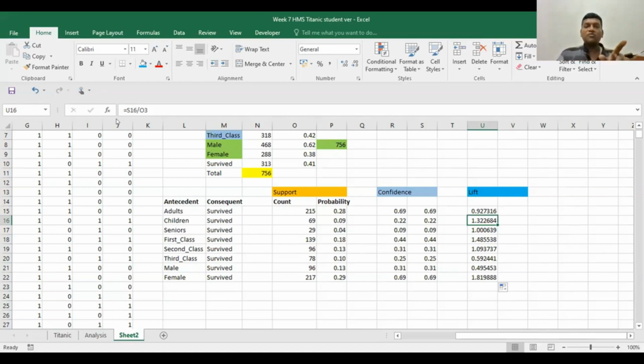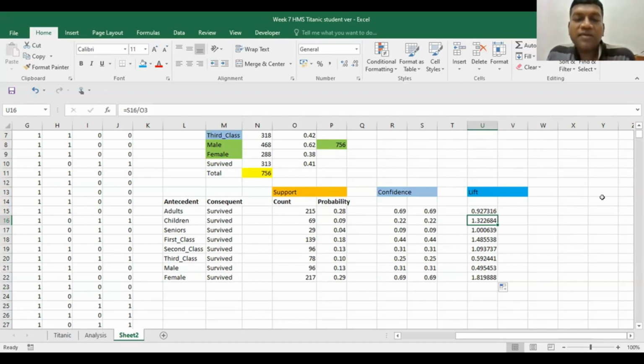Right now what we did is we took only one characteristic, that is just whether the person belonged to a particular age group, or traveled in a particular passenger class, or belonged to a certain gender. Now we can look at the support and eliminate those groups which have low support.